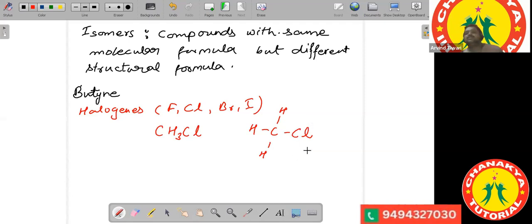Whatever halogen is present, its name is prefixed with the word halo. For example, here chlorine is added, so its name will be chloro. We prefix chloro, and there is a single carbon, so it will be meth, and all are single bonds, so it will be methane: chloromethane.